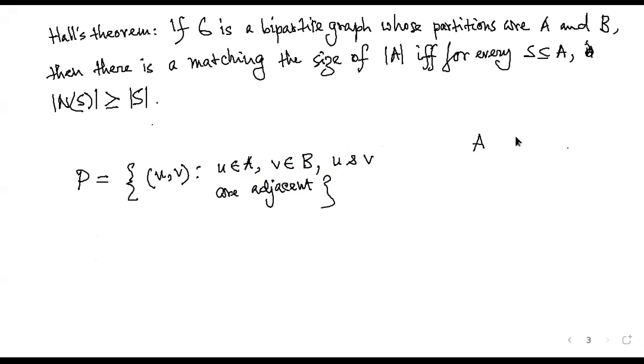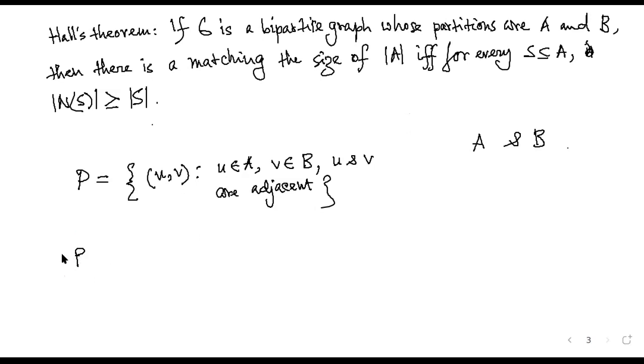Let's assume the partitions are A and B. What is the cardinality of P?